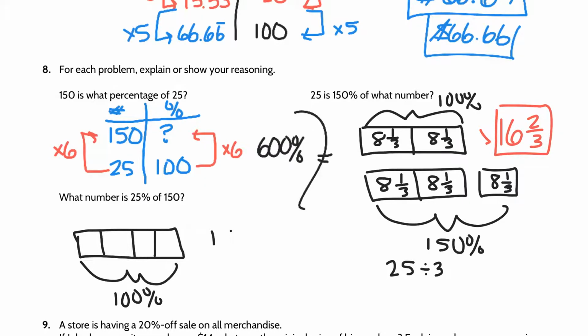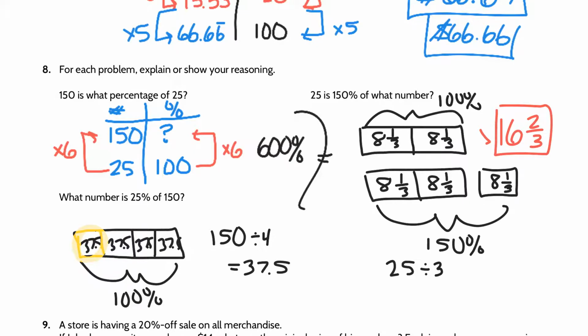And so if I take my 150 and divide by 4, we're going to get 37.5. So in each of these boxes is 37.5. And what am I looking for here? 25%, which is just this box here.